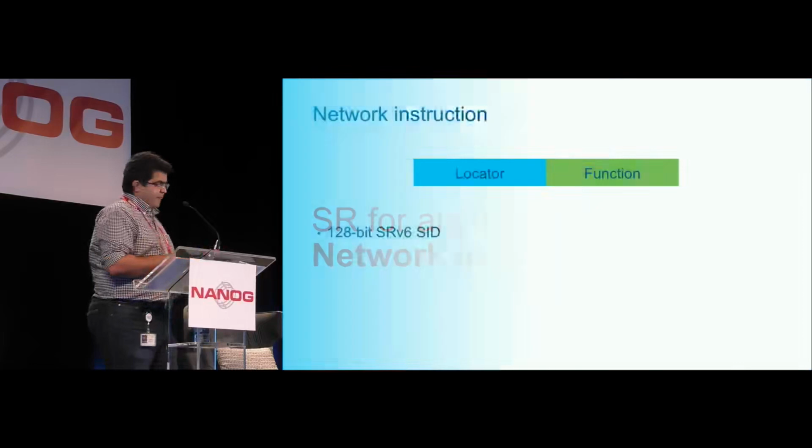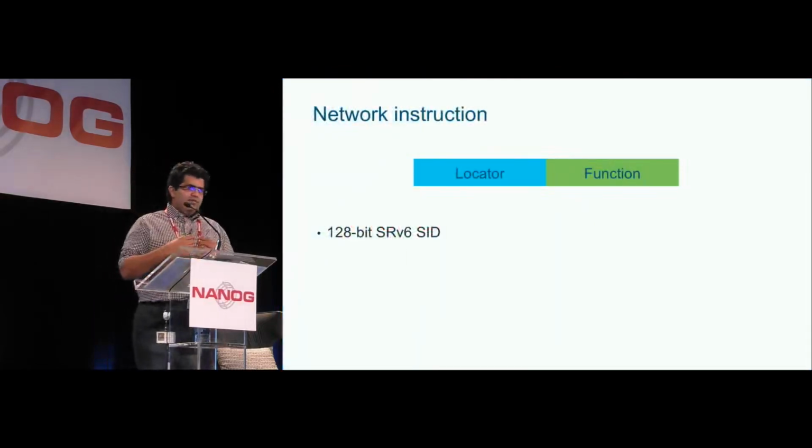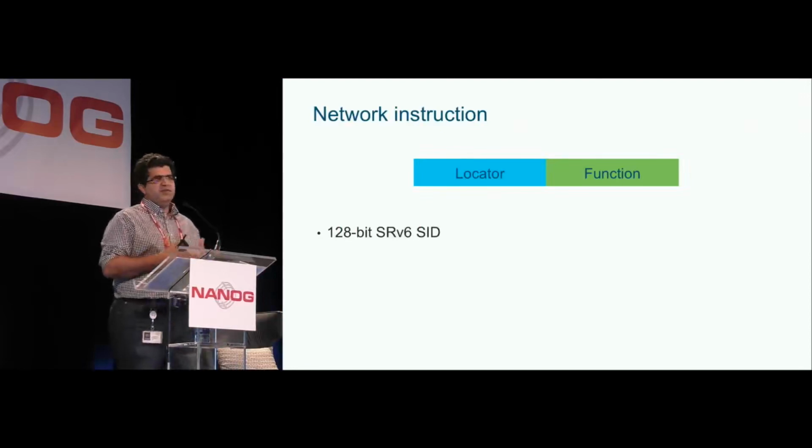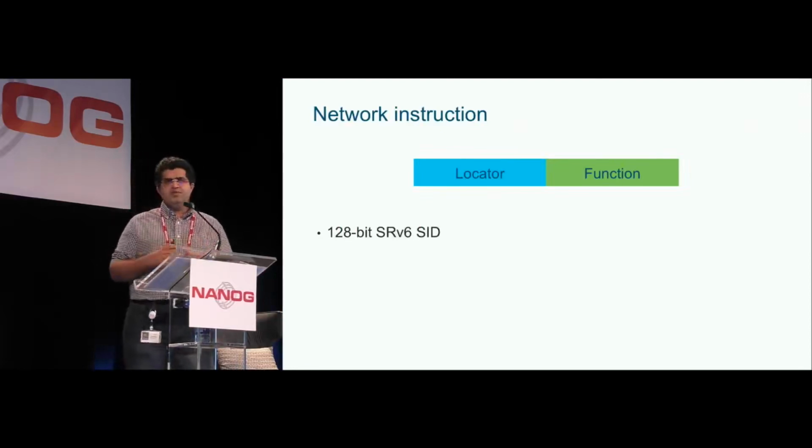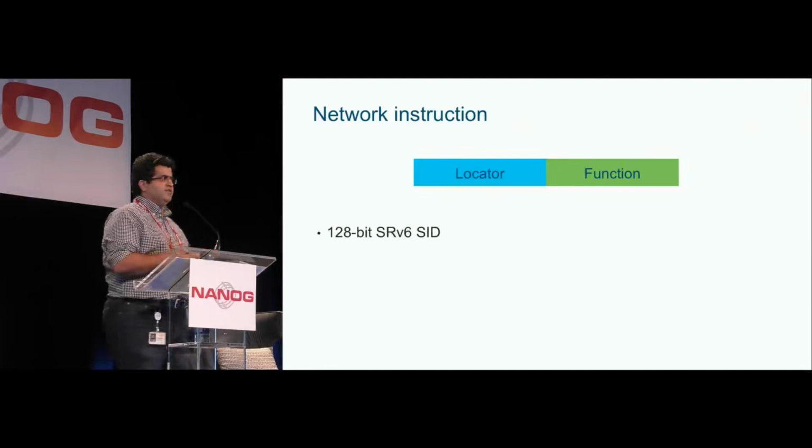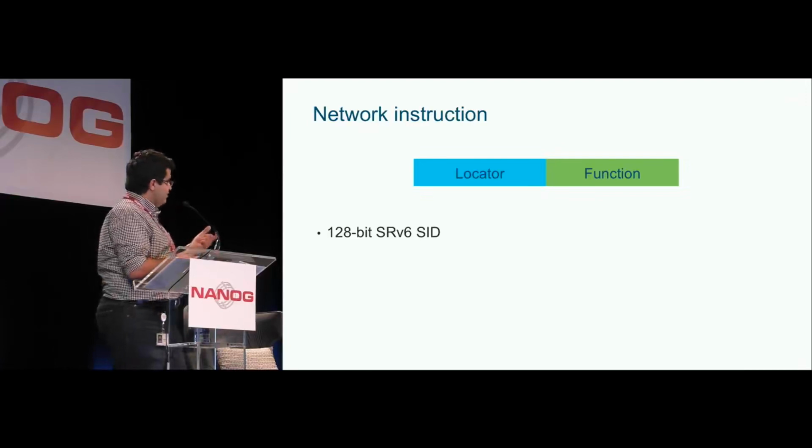In order to do that, we have these IPv6 addresses which are available. We will not use all the IPv6 addresses. Most of the IPv6 addresses will be available in the classical way. We will only use some of the 128-bit IPv6 address space. We call it SID, or segment identifier.